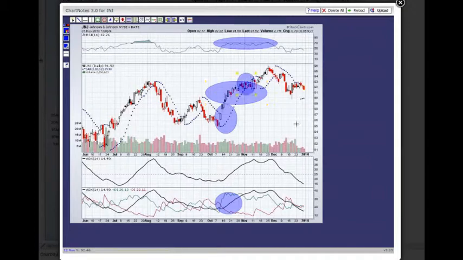So, a pretty complex system for when it was developed. We didn't have all the same type of computer technology that we have now, but in many ways, groundbreaking for technical analysis in the fact of putting various indicators together.